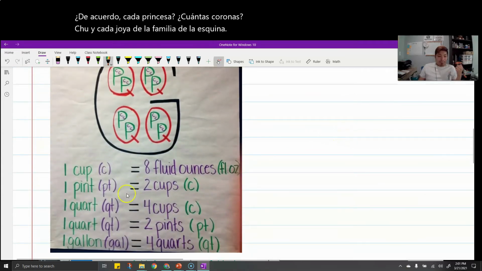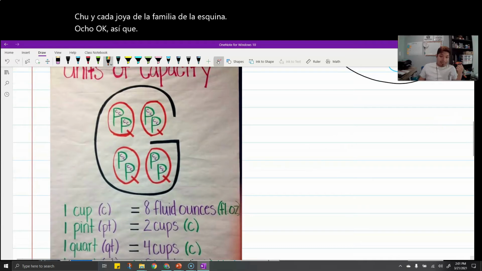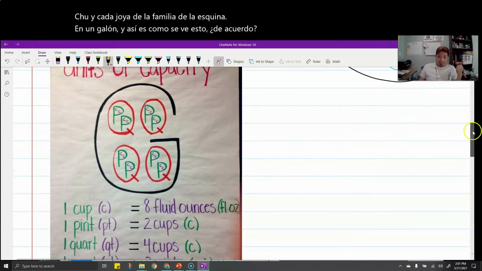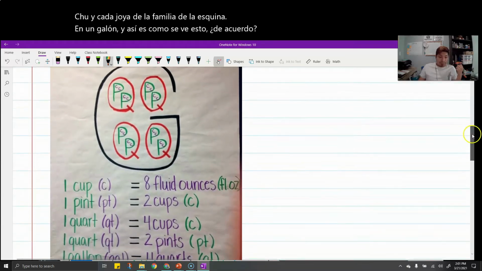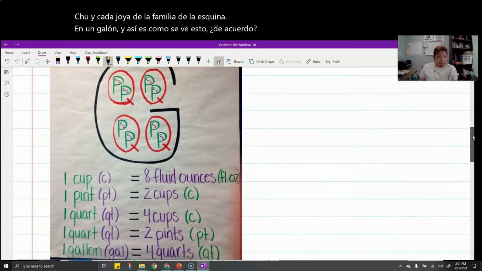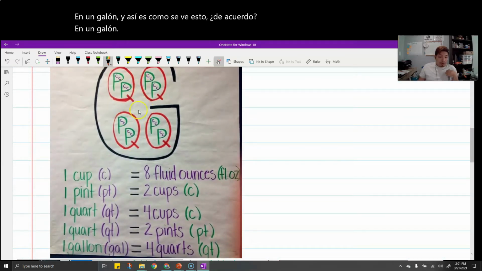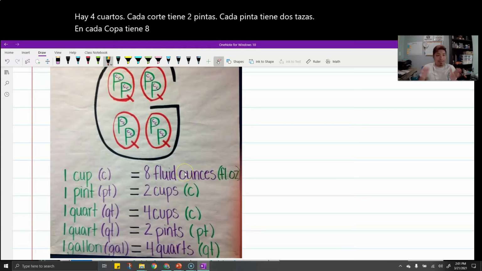So, this is what it looks like. In a gallon, there's 4 quarts. Each quart has 2 pints. Each pint has 2 cups. And each cup has 8 fluid ounces, okay? That's the different conversions.